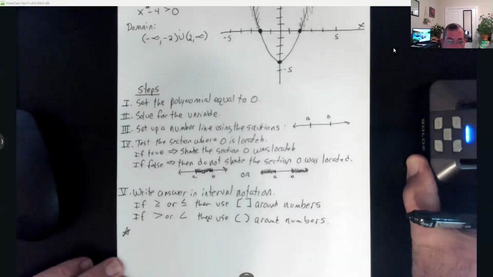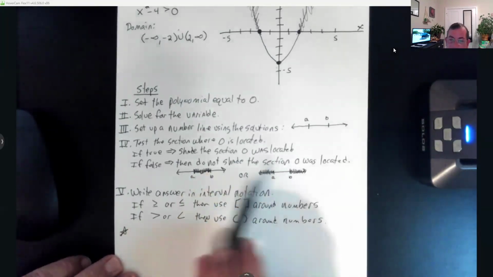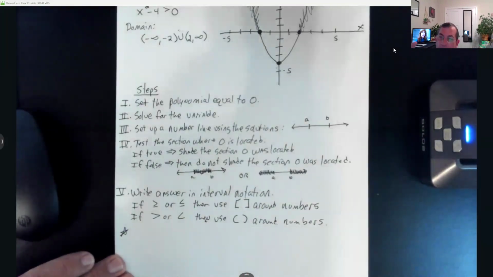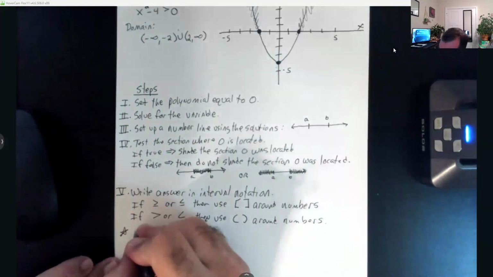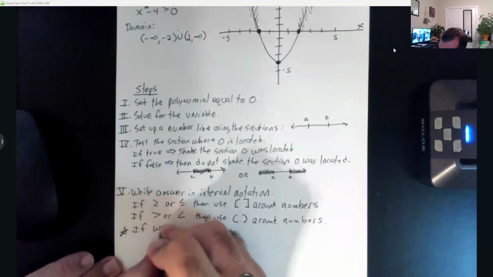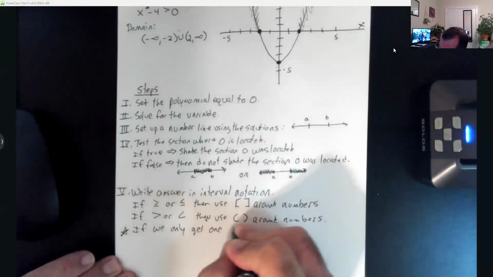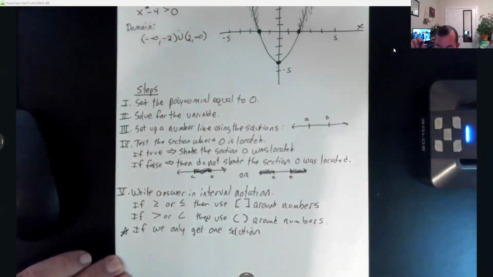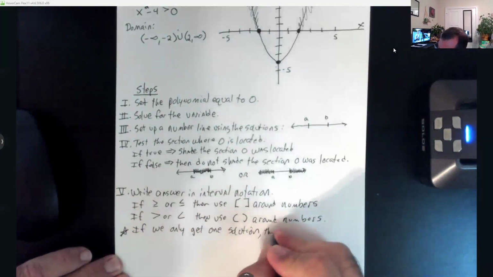Now, like I said, the only time we won't get one of these two situations is if we get a single number that's a repeating answer. So if we only get one solution, then that is the only number excluded from the domain.